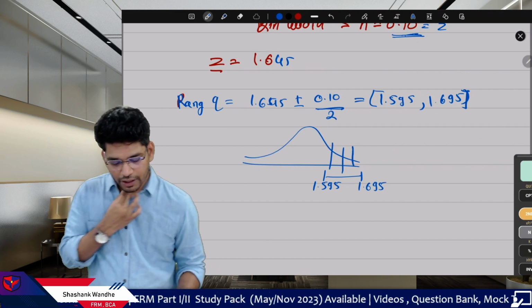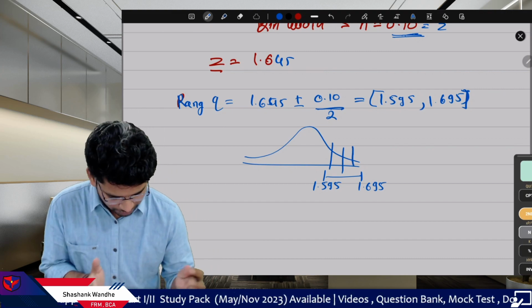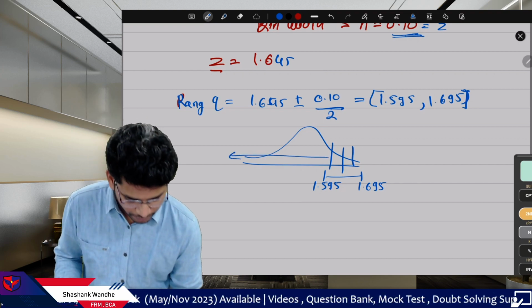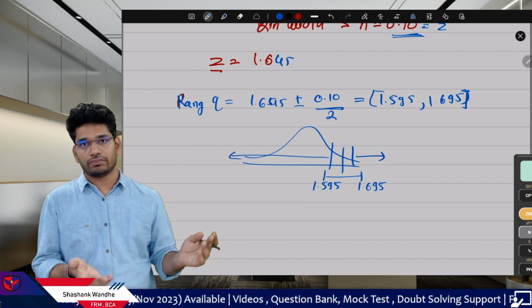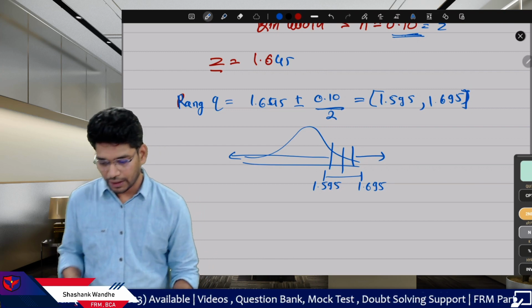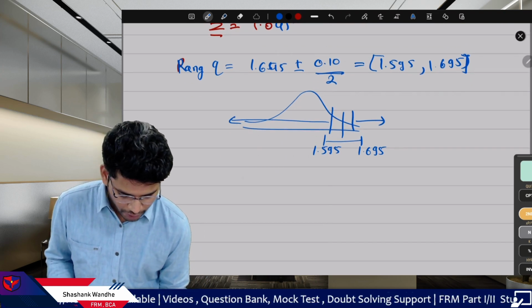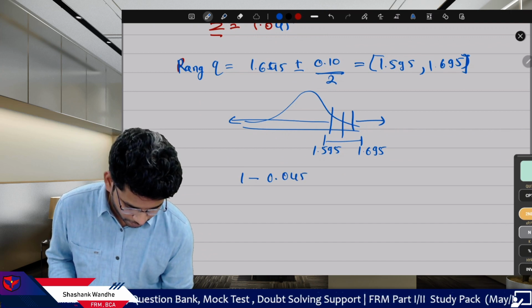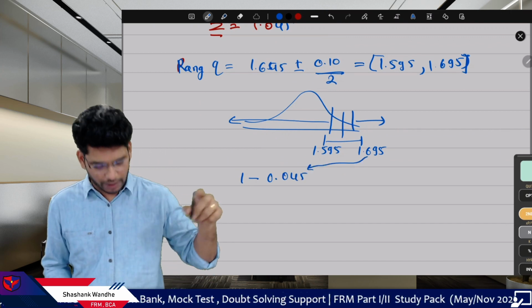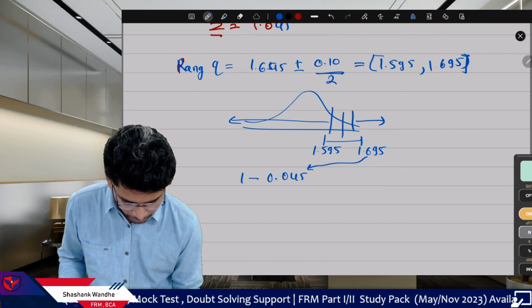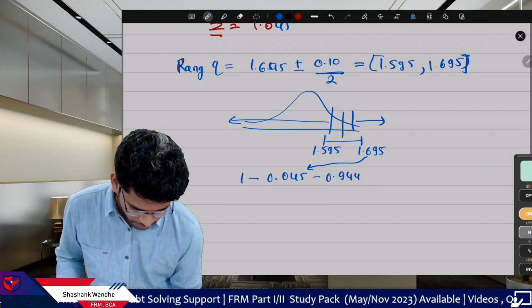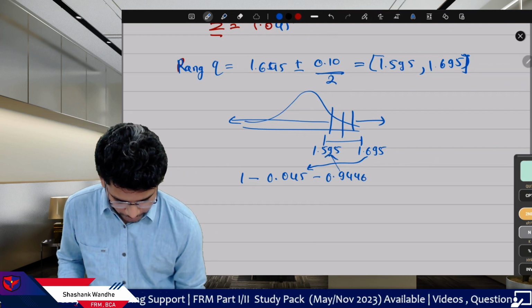So for this the calculation is very simple. Simply calculate the probability mass here, then probability mass here, and do your calculation. You will get the answer. So the answer is very simple. So 1 minus 0.045, this is coming from this 1.695 and above, minus 0.9446, this is for this.